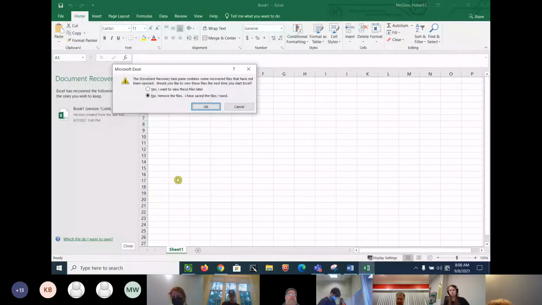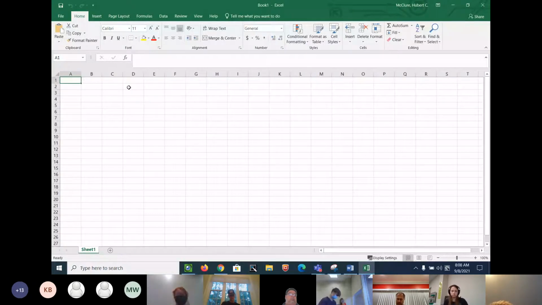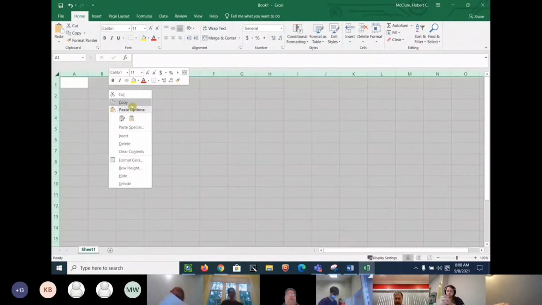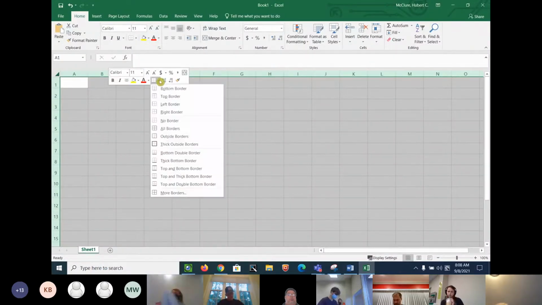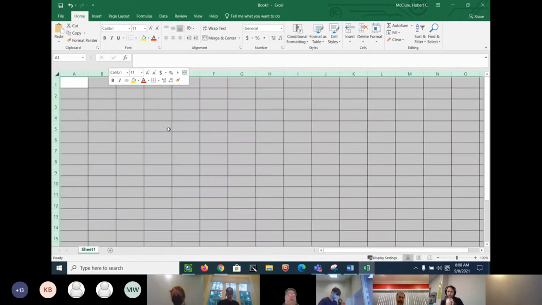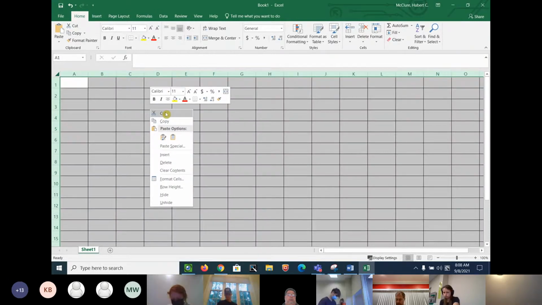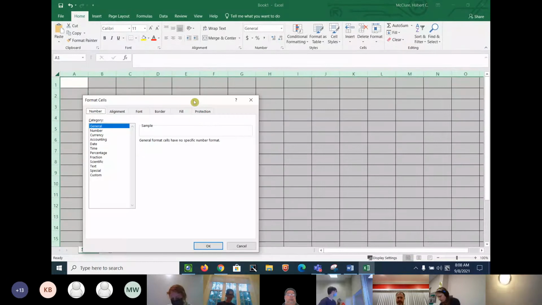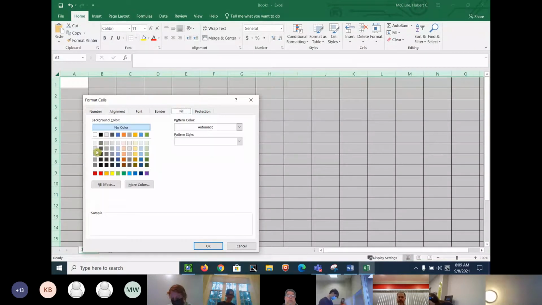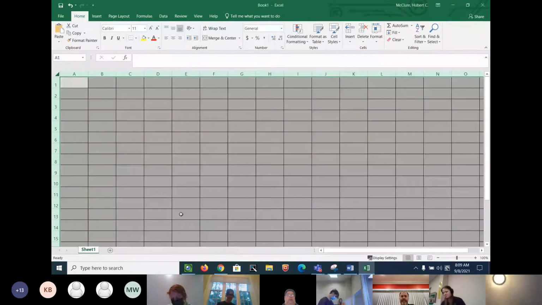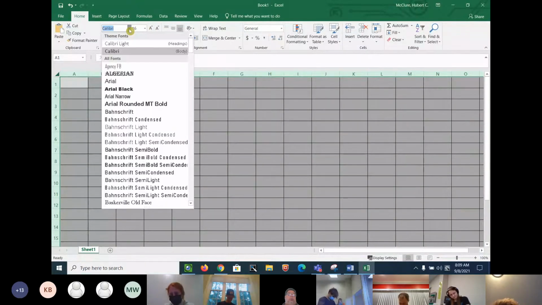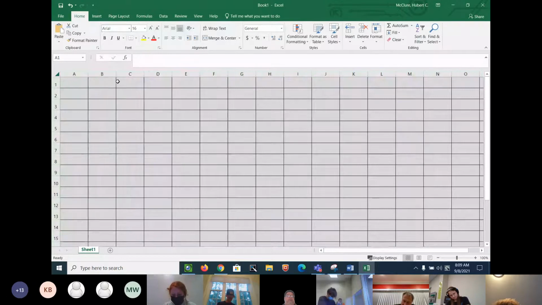So with that being said, I'm going to make these a little bit bigger, and we're going to do the borders all around so y'all can see. And I'm going to color the fill a little bit gray. And that way, hopefully everything will stand out. We'll go to Arial, and y'all should be able to see everything.